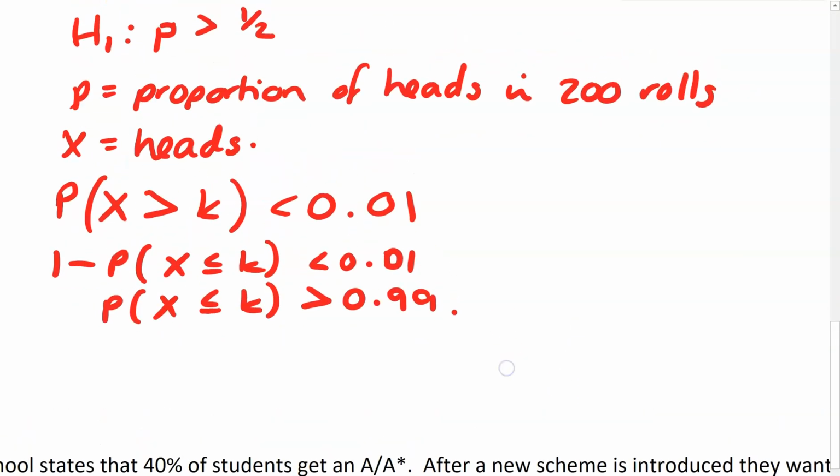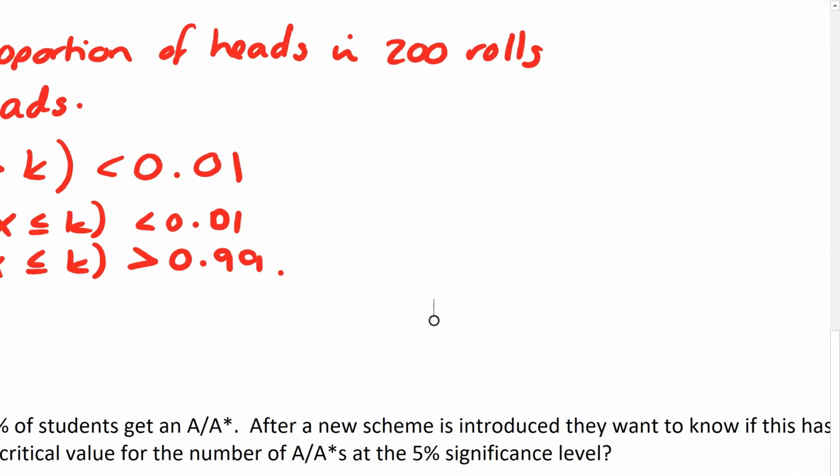Okay, so this is where your calculator is going to come in really handy. So you go to your calculator functions and you try out some values. If K is, now there's 200 values, so in theory we know it's going to be more than 100.